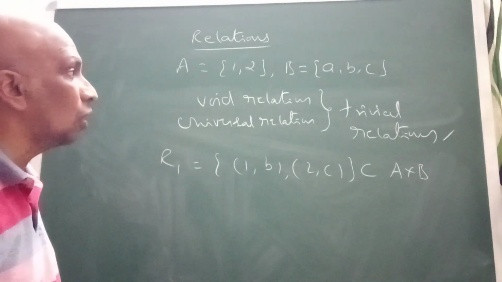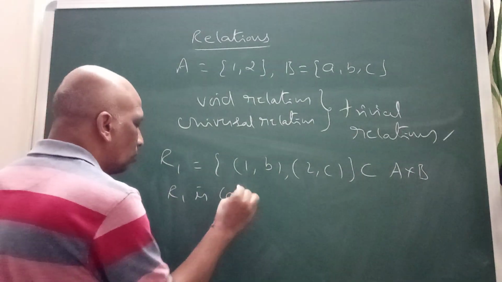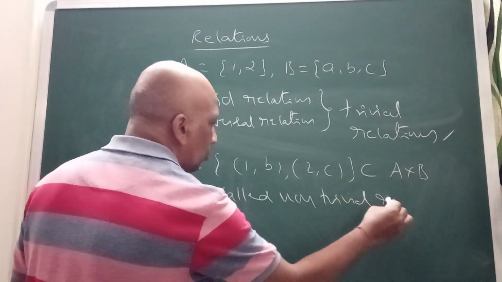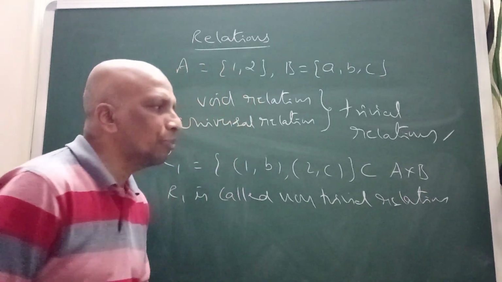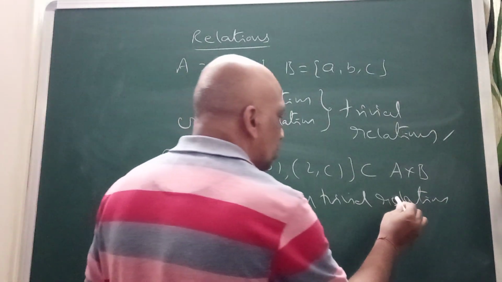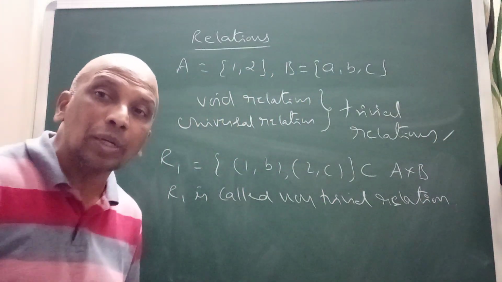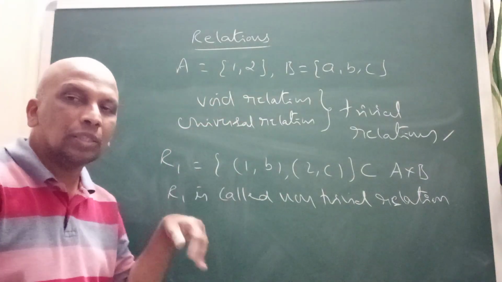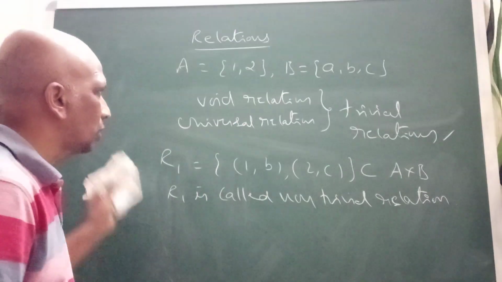So here R1 is called a non-trivial relation from the set A to the set B. So we remember these two are trivial relations. The relation which is not trivial is called a non-trivial relation.